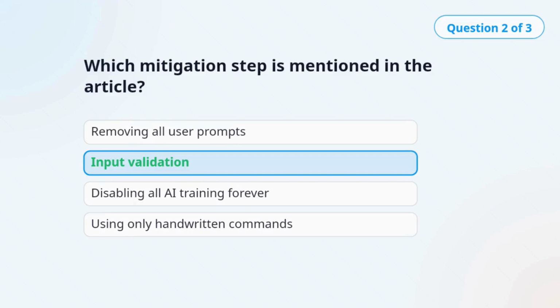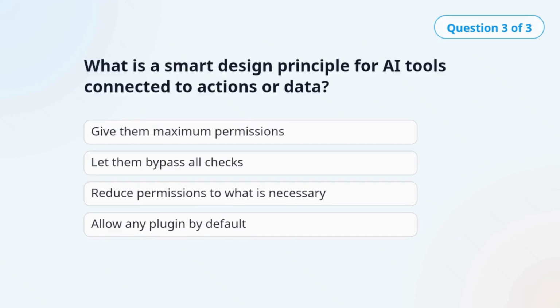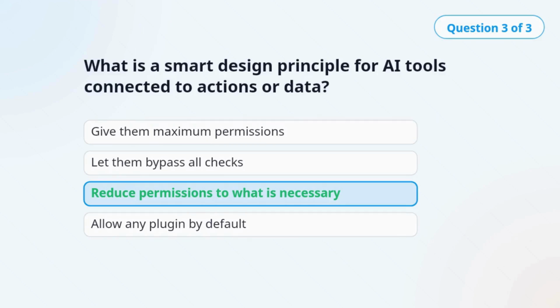The correct answer is input validation. Input validation can help detect and block some suspicious prompts, though it is not perfect. Question 3. What is a smart design principle for AI tools connected to actions or data? The correct answer is reduce permissions to what is necessary. Least privilege access helps limit harm if a prompt injection succeeds.